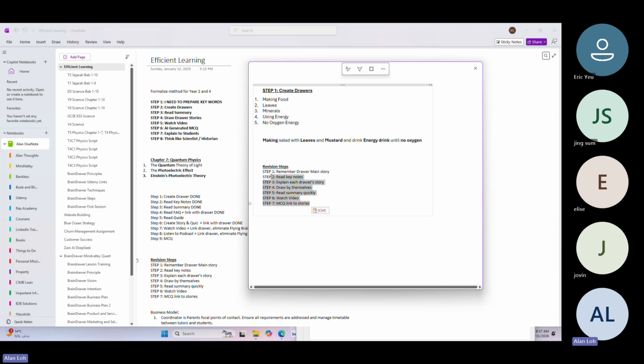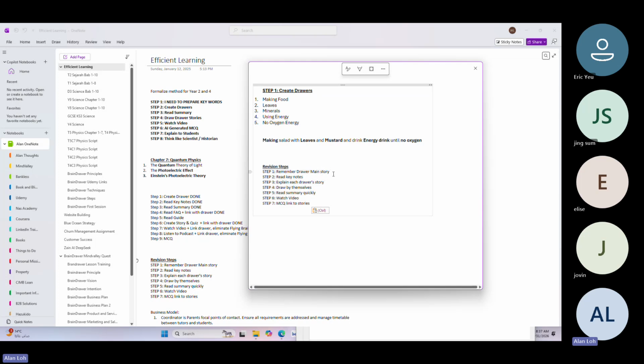So these are the 7 steps. Last week we had 10 steps, but for these revision steps, we have 7 steps. 7 steps that we need to follow over a period of about 1.5 to 2 hours, right? And by then, you'll be able to know how to make these revisions by yourself easier, right?